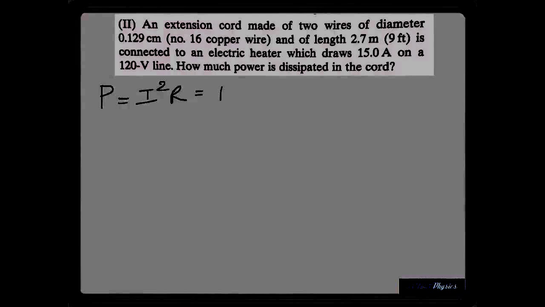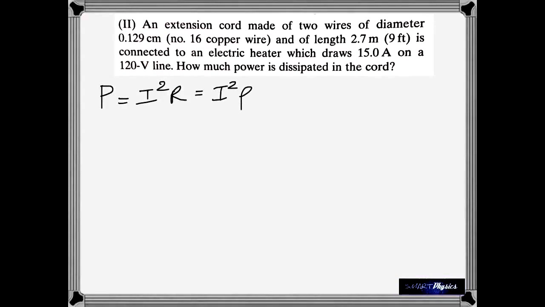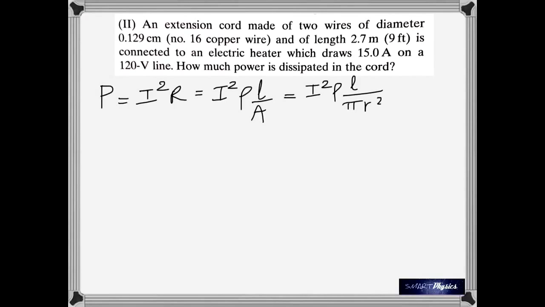Power is given by I squared R. So first we need to find the resistance, which is given by rho L by A. And area is pi R squared. Put them all together. Current is 15 ampere.